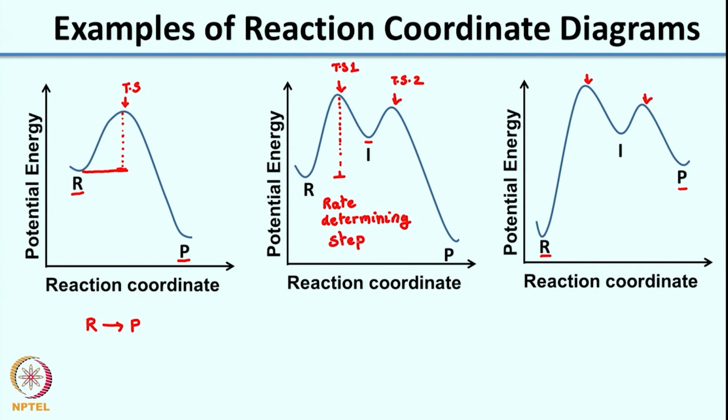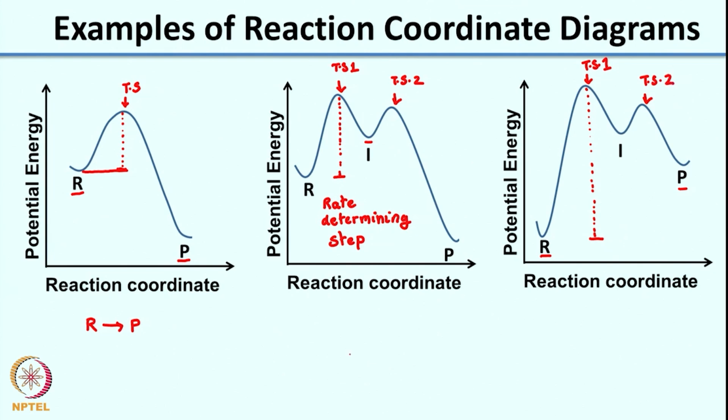Similarly, in this case you have a huge barrier going from the reactant to transition state 1, and the barrier for transition state 2 is lesser.